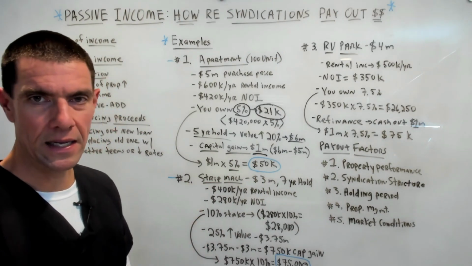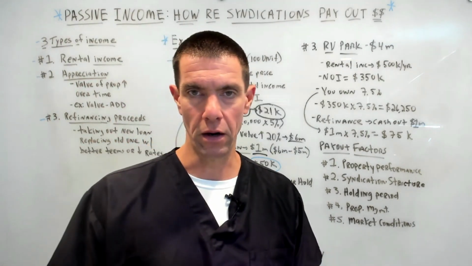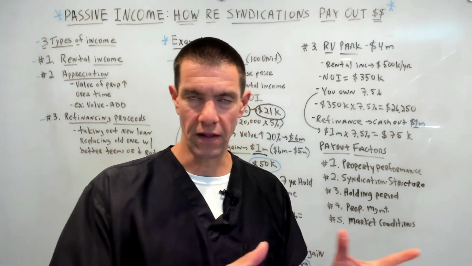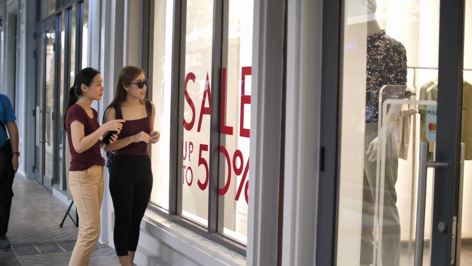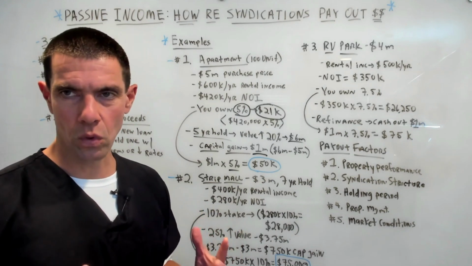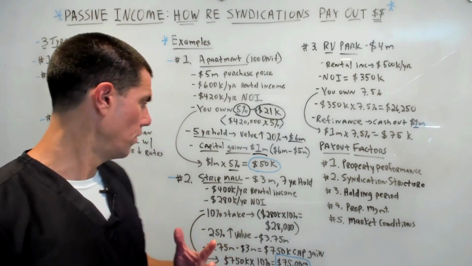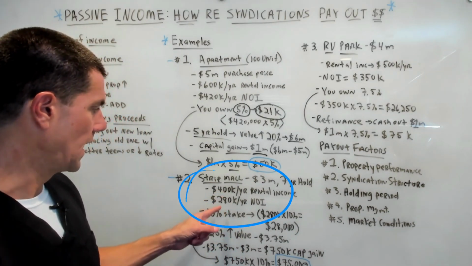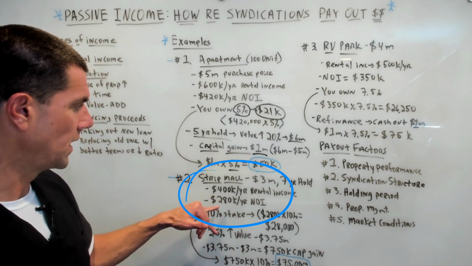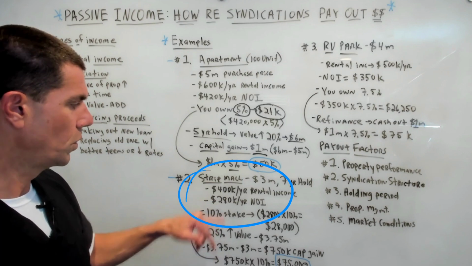This is actually a strip mall scenario, okay? A shopping center. So you invest in a syndication, then they go out and they acquire the shopping center for $3 million. It generates an annual rental income of $400,000. And remember, the income minus expenses, you get the net operating income of $280,000.